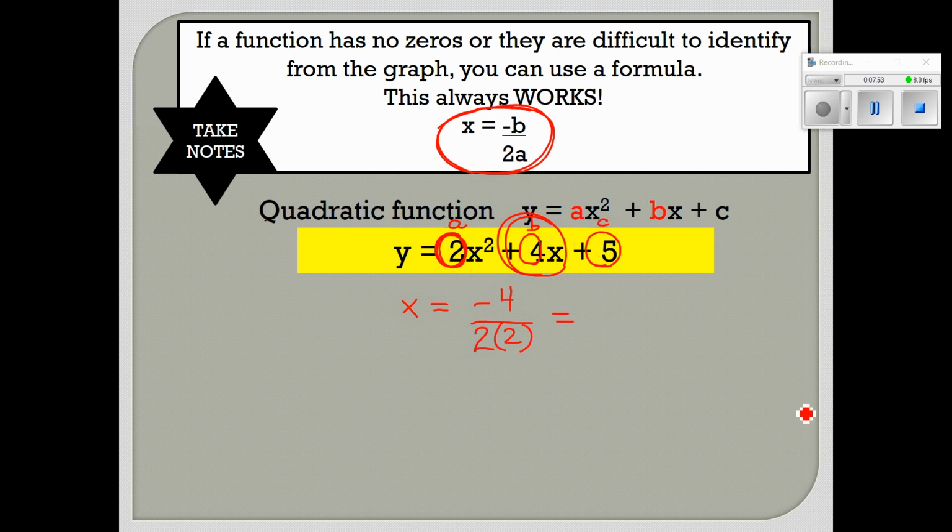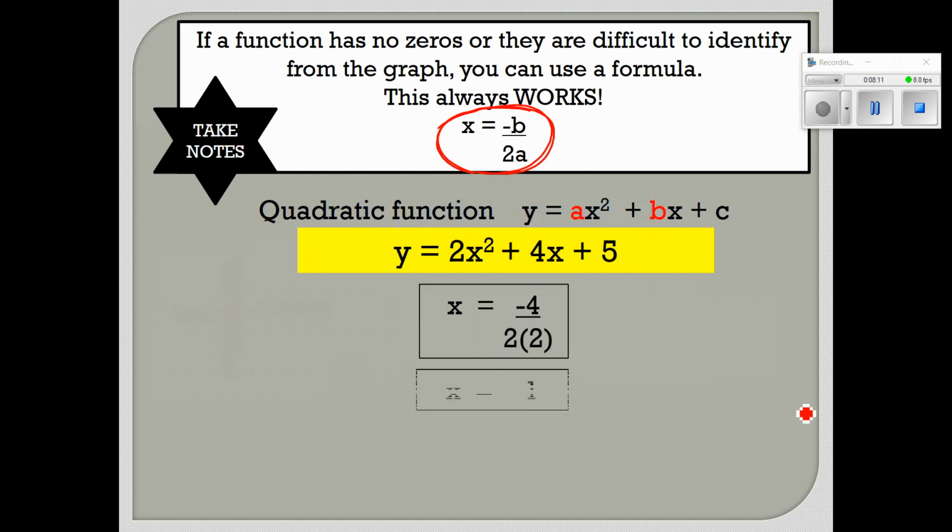So if we solve this, -4 divided by 4, our axis of symmetry would be at -1. So we know now that on a graph our axis of symmetry would be right here on -1. And all we had to do was use the equation -b over 2a to find where that axis of symmetry would be.